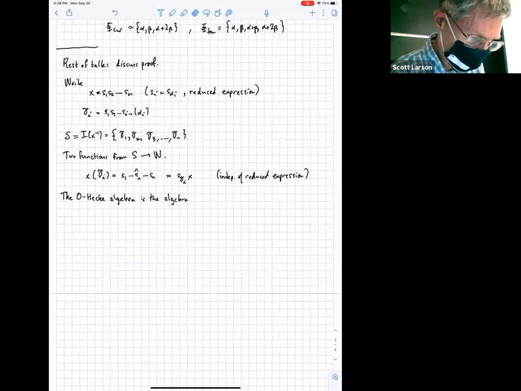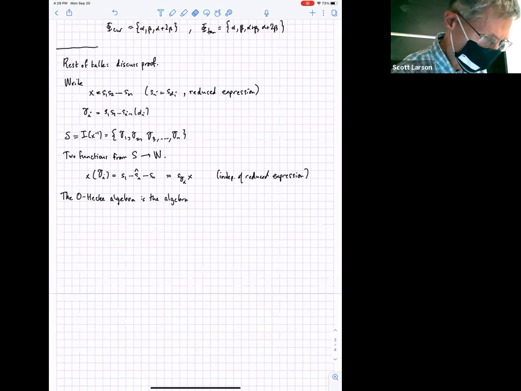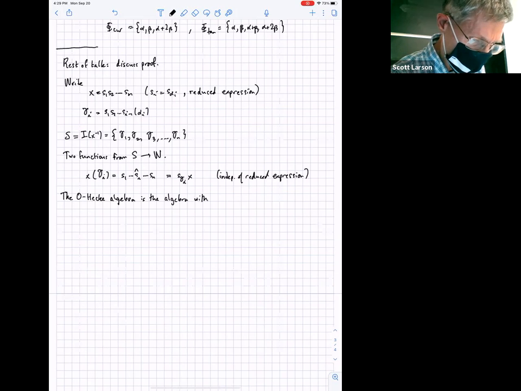Usually I want it over the representation ring or something, but it doesn't really matter in this case. With basis h of u, for u an element of the Weyl group.